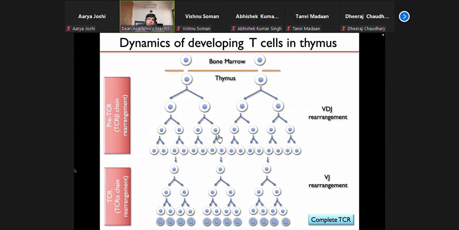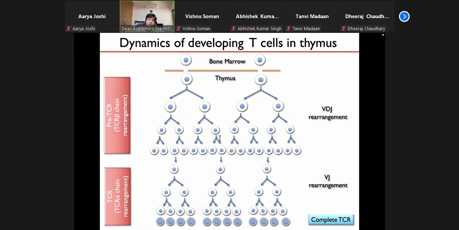Just to summarize, in continuation with what we talked about for B cells and T cells, the first thing that has to happen is the TCR beta chain rearrangement for T cells and heavy chain in B cells, followed by the rearrangement of TCR alpha chain in T cells and light chain in B cells.